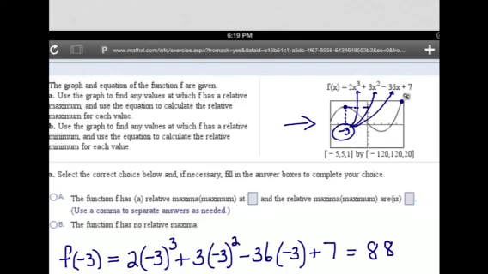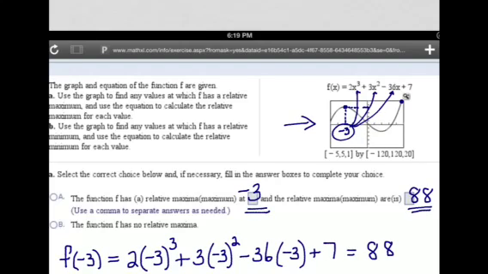So that means that the function f has a relative maximum at -3 is our x value, and the relative maximum is 88. So the location of the maximum is your x value for that point, and what the maximum is the y value, and in this case that's 88. So that is the answer for part A.